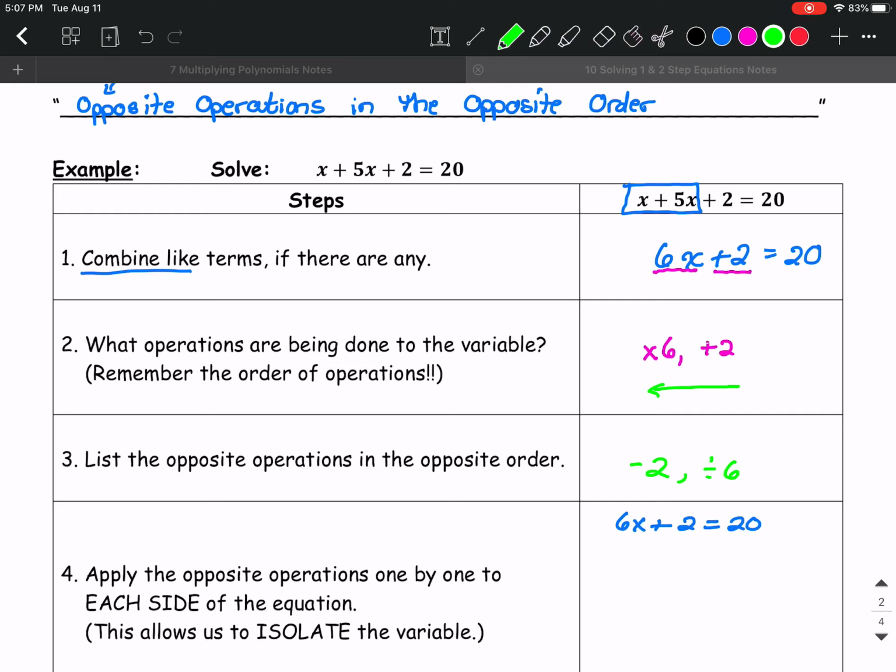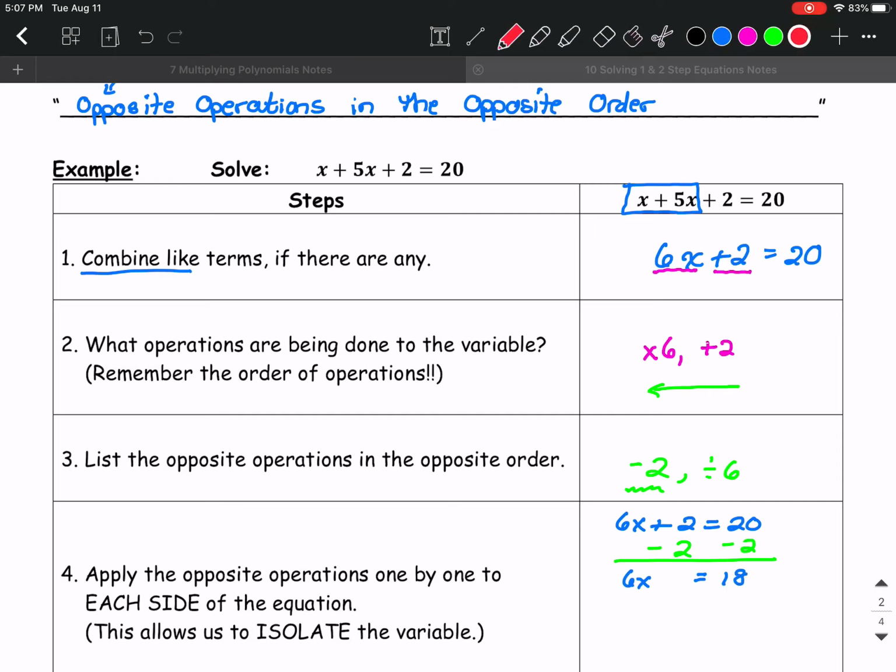So we're going to do this minus 2 first. I can do anything I want to one side of an equation as long as I do it to the other side of the equation. So I'm going to subtract 2 over here. When I do that, I'm going to get 6x, and 2 minus 2 is 0. 20 minus 2 is 18.